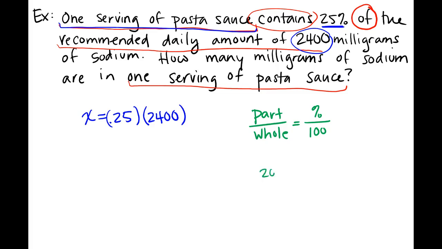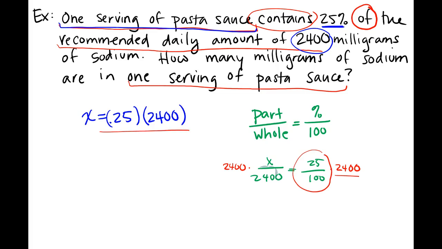So in that case, you'd be setting up our unknown over the whole amount of the daily recommended sodium. Well, that's 25 out of the 100. And you can cross multiply or solve the equation that you see here, and you get to the same place, right? Because if I see that x is being divided by 2,400, the way to undo that is to multiply by 2,400, and there you see I'm going to multiply the percent of 25 or 0.25 by 2,400, just like we did in our "of is" translation.